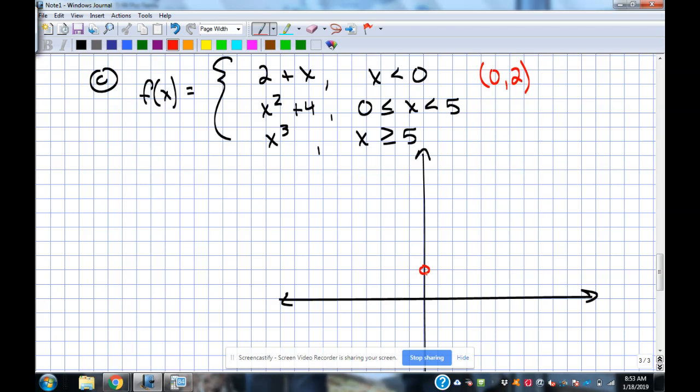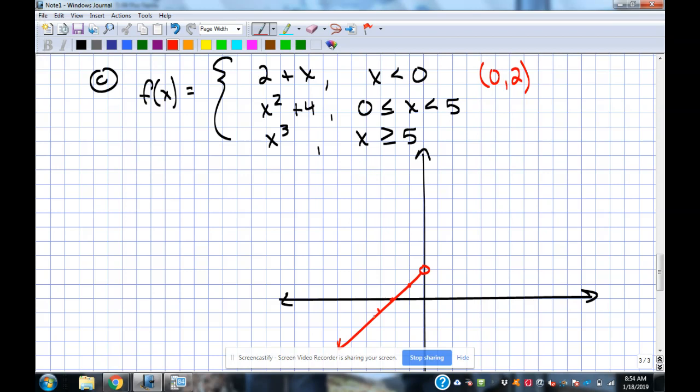So that means I'm going to go which direction? Remember, it's x's that are less than 0, so that would go this direction, right? So for a +1 slope, I've got to count down 1, left 1, right? Down 1, left 1. All right.